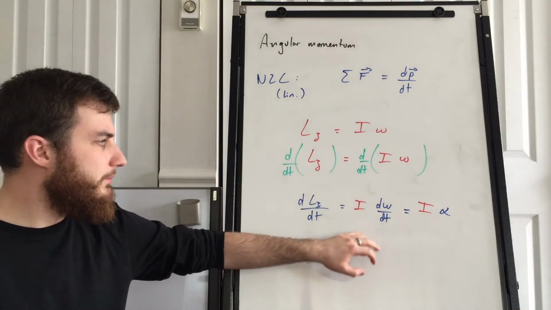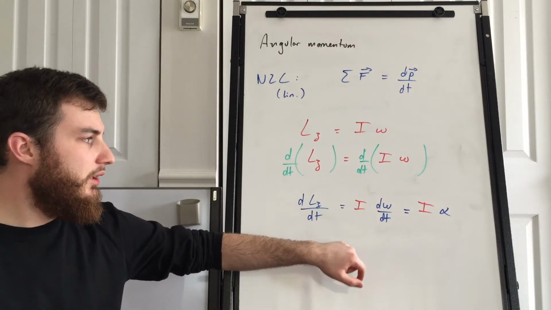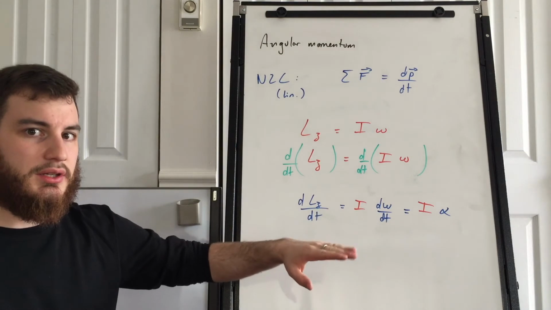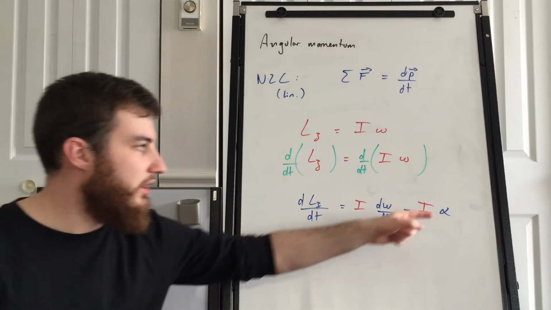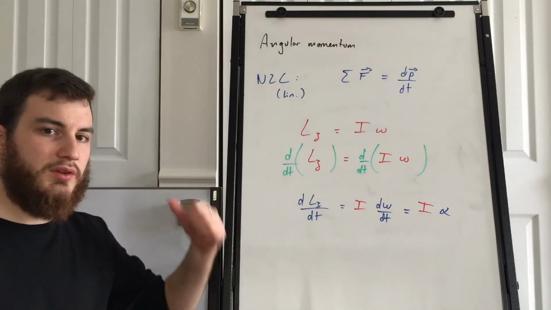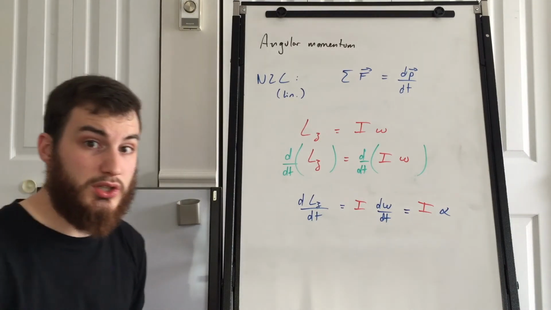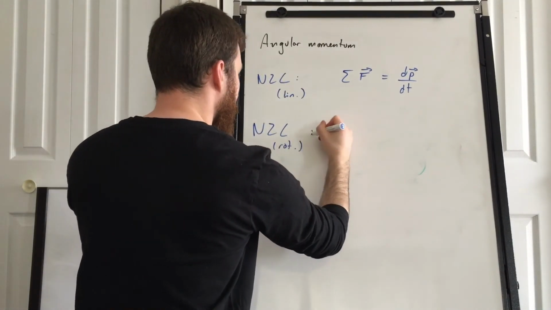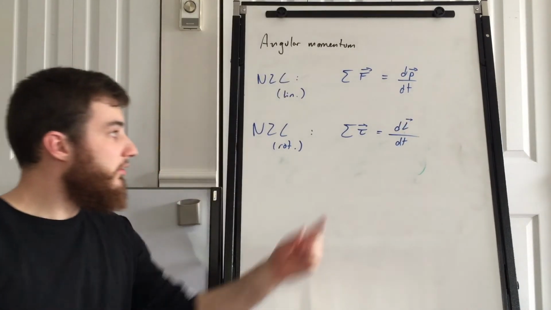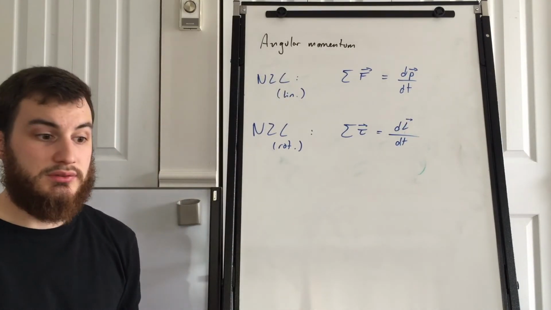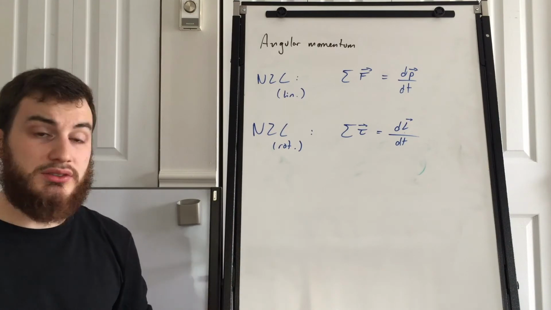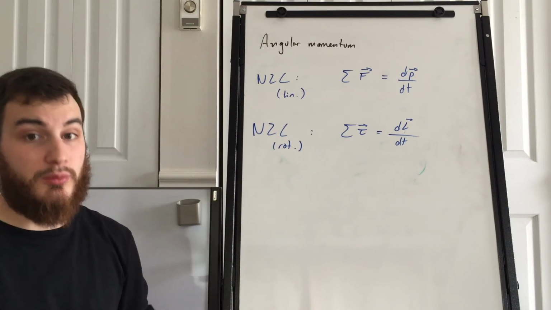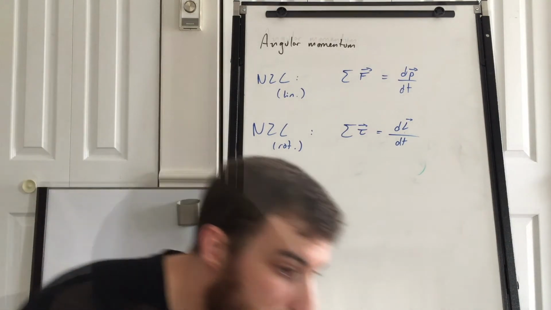It gives you I dω/dt, and dω/dt is the instantaneous angular acceleration, alpha. And that, we had seen in the previous video, is Newton's second law in rotation. It is the sum of the torques. So we can write the sum of the torques is dL/dt. And that is Newton's second law in angular form, the final version.